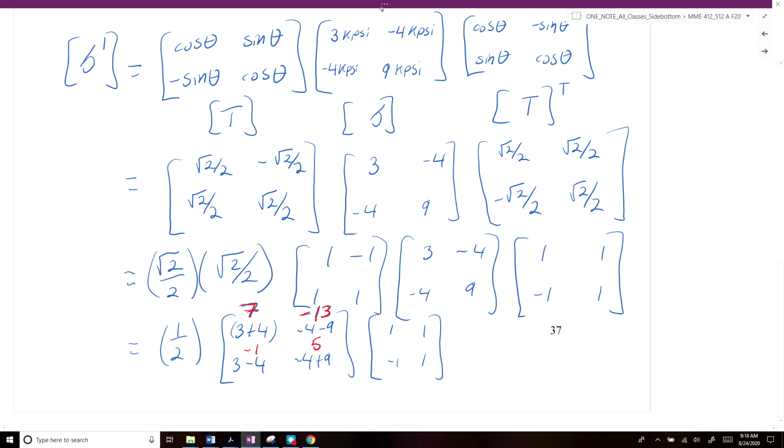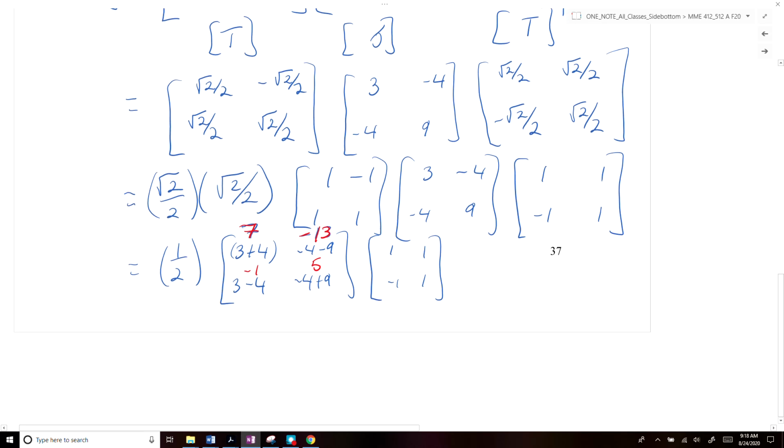So we multiply this all out, and you should end up getting 1/2 times 7 minus 13 for the first row, and for the second row we get minus 1 minus 5 and minus 1 plus 5.